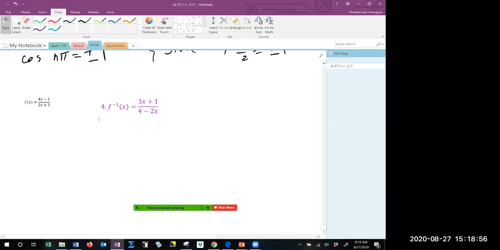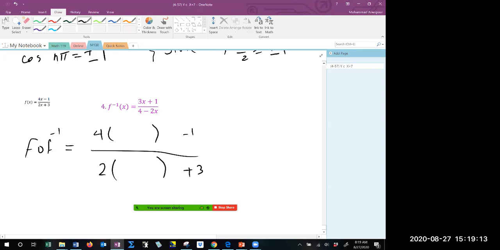Okay, so if you want to write f of f inverse, for example, here's your step. 4 times x minus 1 over 2 times x plus 3, and so now you're going to put this in here, which is 3x plus 1 over 4 minus 2x.